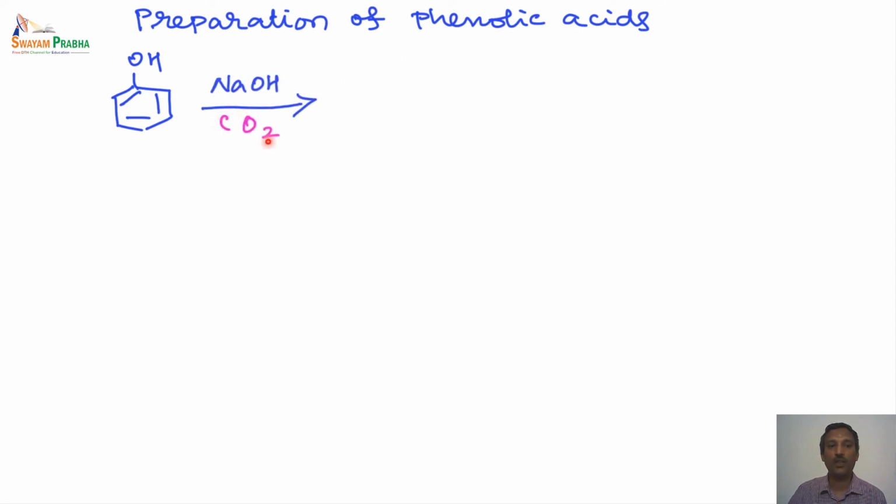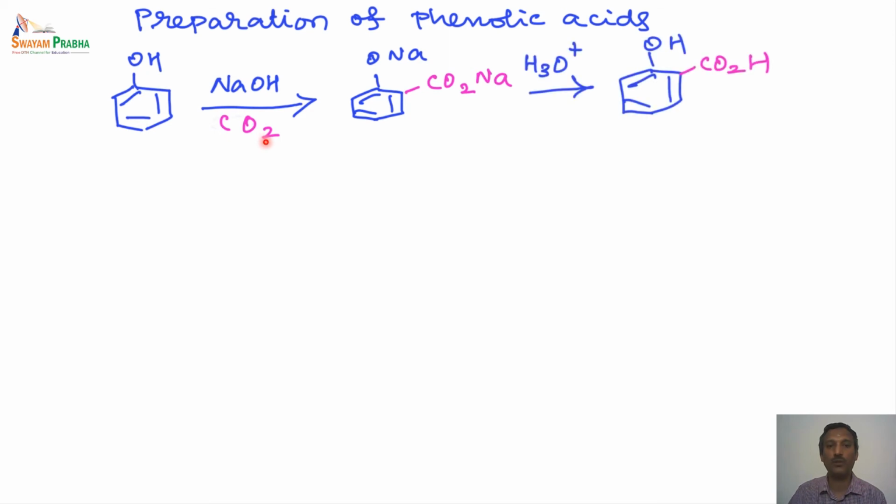In this particular case, we are using carbon dioxide as a source for the carboxylic acid unit. Phenols when treated with sodium hydroxide form the sodium phenoxides, and this on treatment with CO2 under high pressure conditions produces the corresponding sodium salt, which on acidic hydrolysis produces the corresponding hydroxybenzoic acids. So this is another method for preparing carboxylic acids.